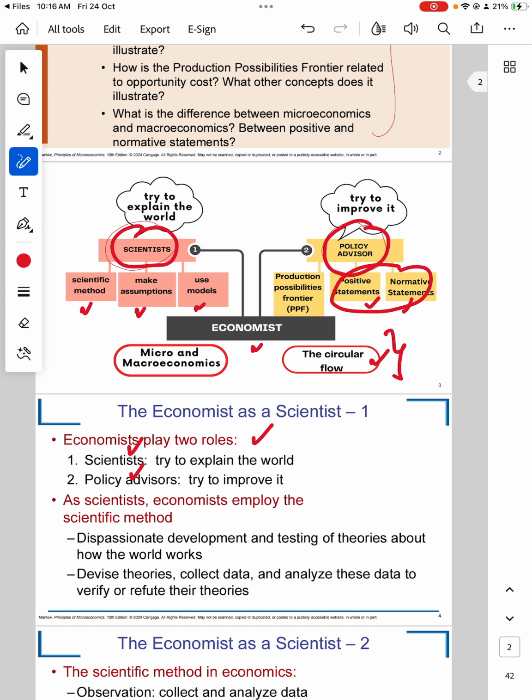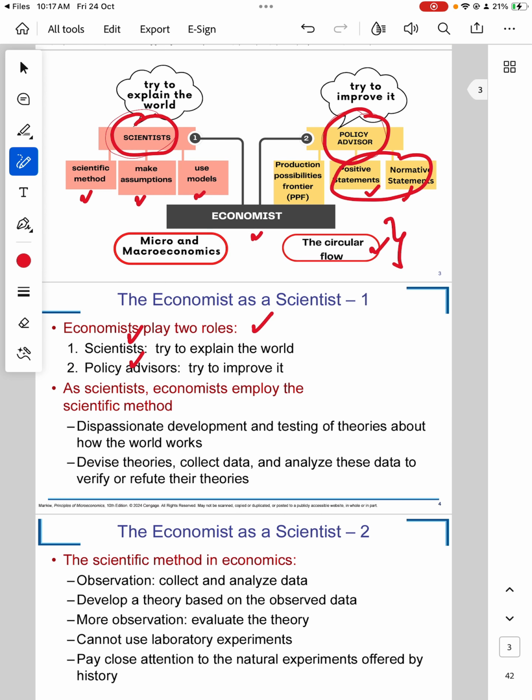First, you need to remember the household and also the firm. How the firm will use the production factors to produce products, and how the household will tell you what they need from the production. So this is about the circular flow. No worries, I'll explain it to you later one by one very clearly.